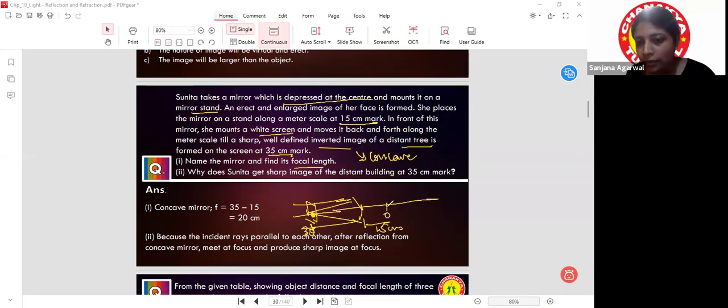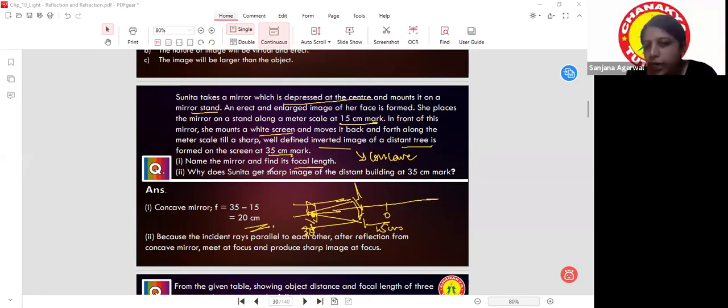If she would have kept the mirror at the 0 mark, then 35 would be the answer only. But here she kept the mirror at the 15 centimeter mark. This 35 is only the point of focus from the mirror. But just because the mirror is not placed at the 0 mark, that's why we have to subtract 15 from 35.